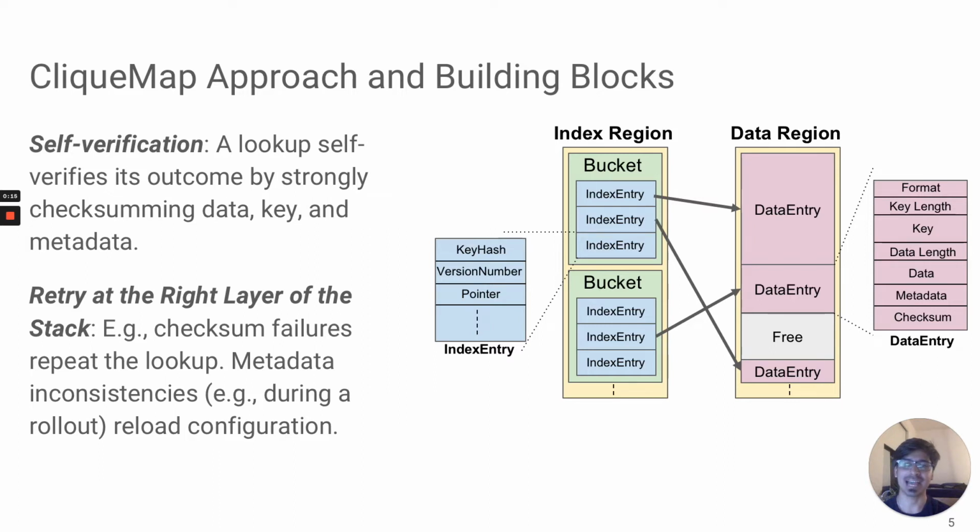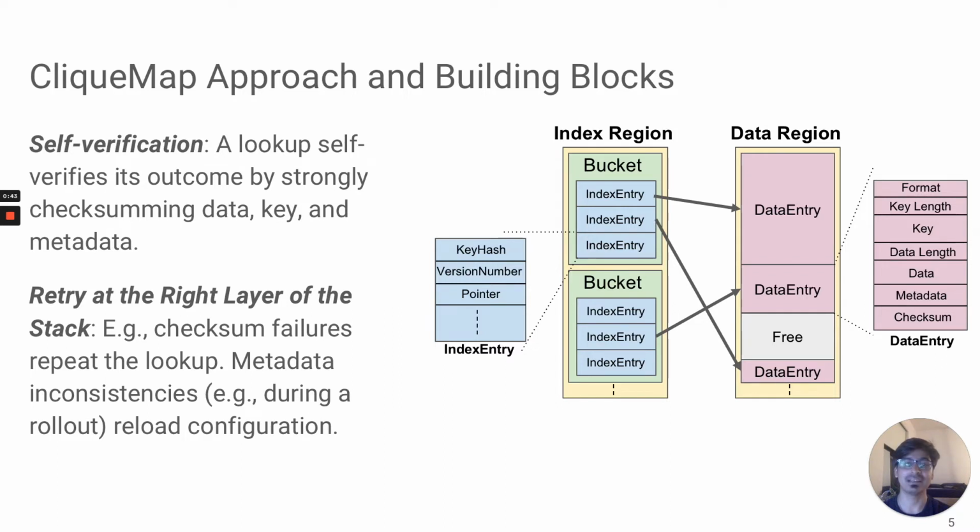CliqueMap augments the hash table with checksums covering keys, values, and metadata. Clients performing lookups verify these checksums end-to-end, and in doing so ensure that RMAs can see a consistent view of the underlying data structure even as it is mutated by concurrent RPCs. Taking advantage of self-verification, our design then adds retries, specifically retries at a level of the stack that makes sense for a particular error.